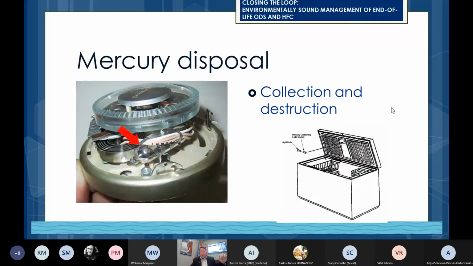Mercury is used to put on the light of a fridge or a freezer often. It's a mechanism that helps with that. But there's virtually tens of thousands of mercury switches in these appliances that also need to be recovered.